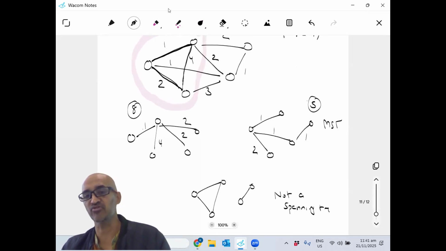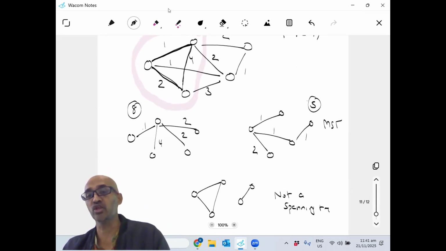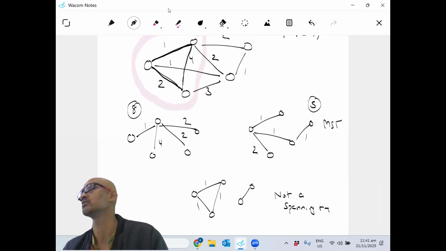So I want this x plus this x plus this x to be less than or equal to the cardinality, which is 3 nodes minus 1, that's 2. The sum of these three has to be less than or equal to 2. I cannot have 1, 1, 1. Not allowed. It prevents subtours, basically.